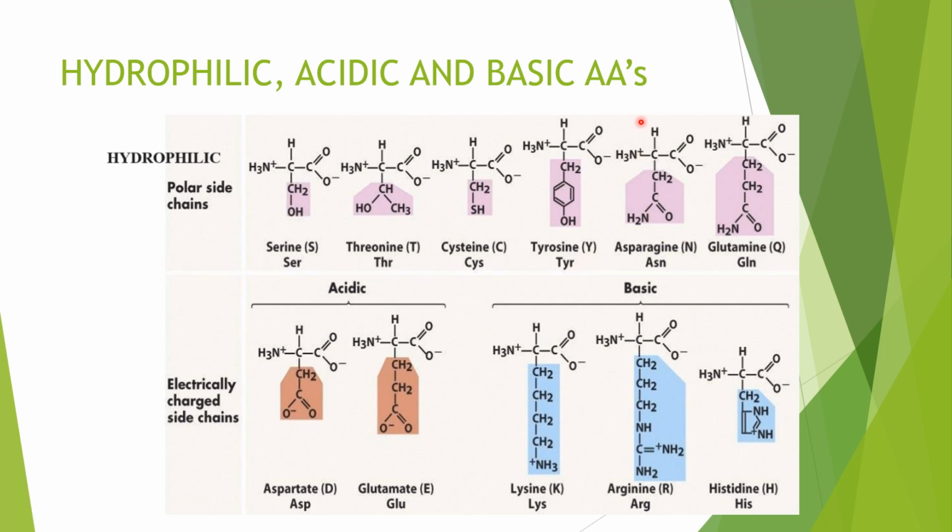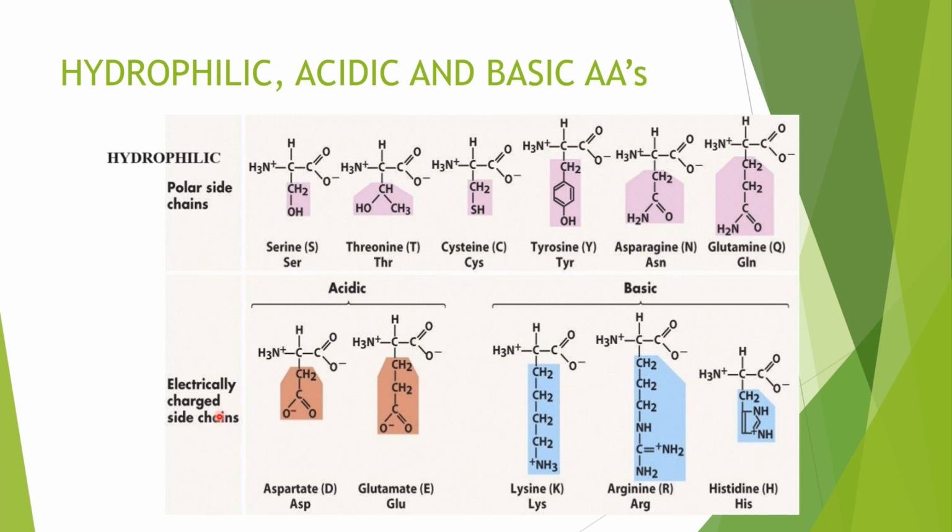We have asparagine, represented by capital N or ASN, while this is glutamine. These two amino acids are amides of glutamic acid and aspartic acid. Glutamine is abbreviated as capital Q and GLN, and asparagine with the letter capital N or ASN.